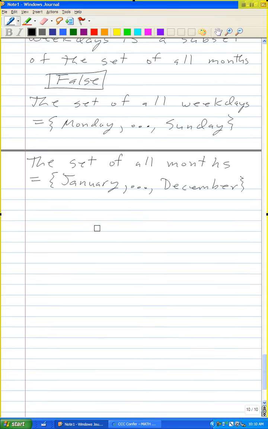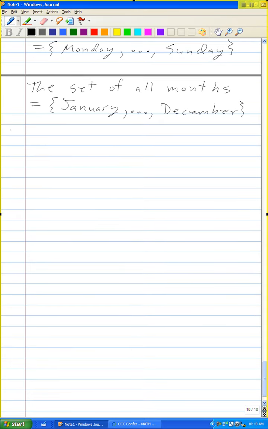36. Is the empty set a subset of the set of the English alphabet?